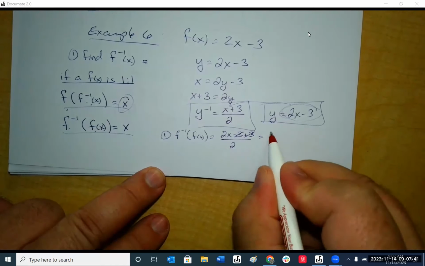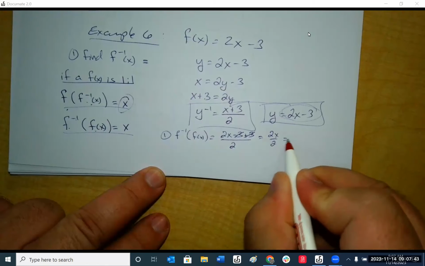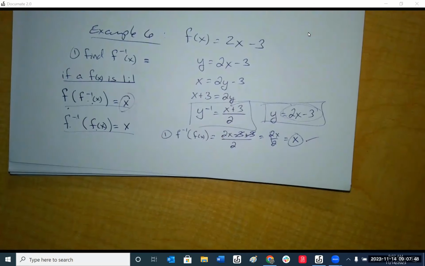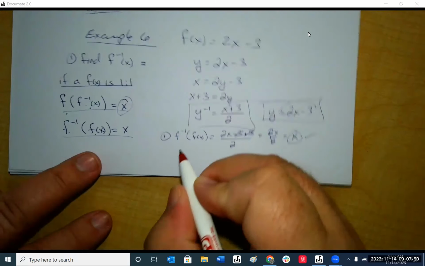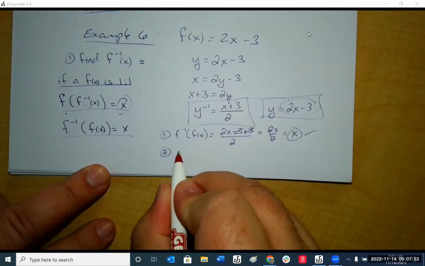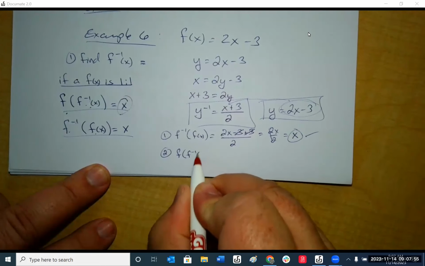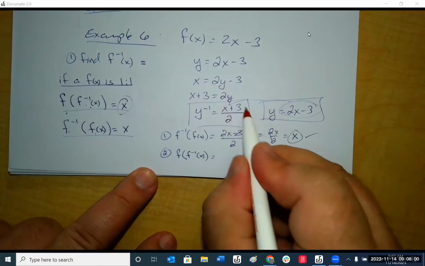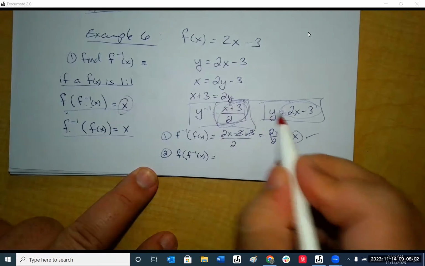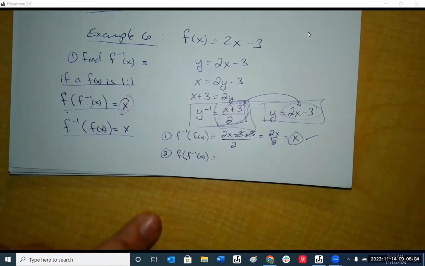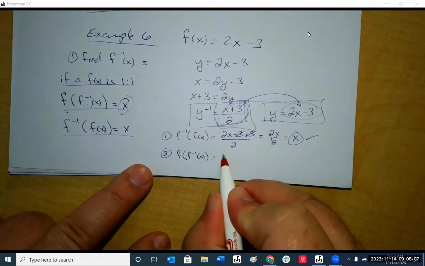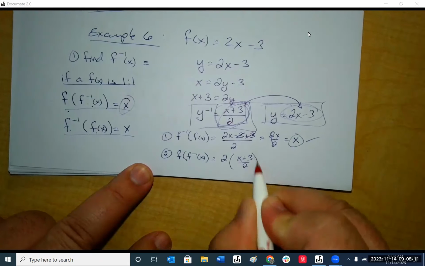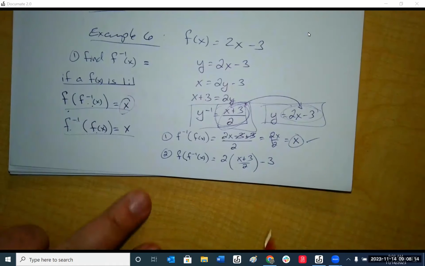Negative 3, positive 3 cancel. 2x over 2, those 2's cancel, so equal x. Check, that one works. And 2, we're going to take this equation and plug it in place of x here. 2 times x plus 3 over 2, minus 3.